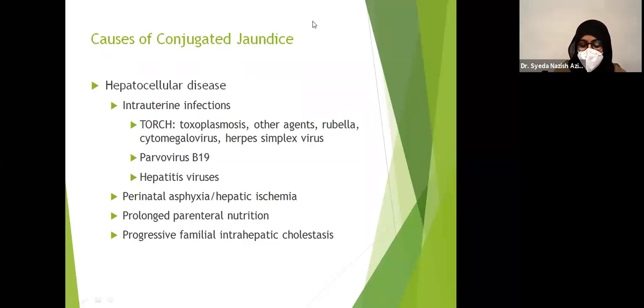There are some genetic entities that can lead to conjugated jaundice. The most common one is progressive familial intrahepatic cholestasis, which has disruption of the intrahepatic biliary system, leading to impaired capability of the liver to discharge the conjugated bilirubin into the intestine, leading to jaundice.